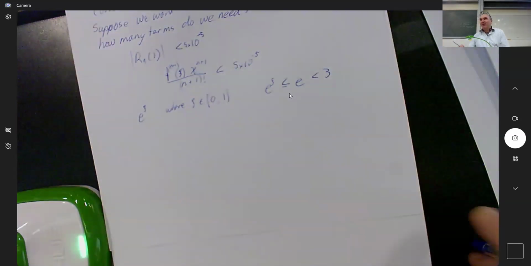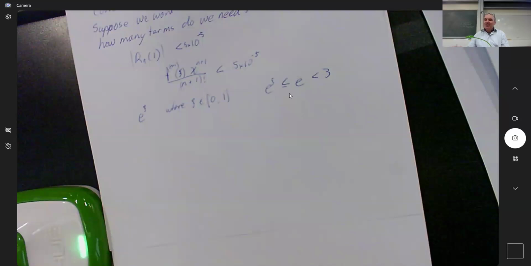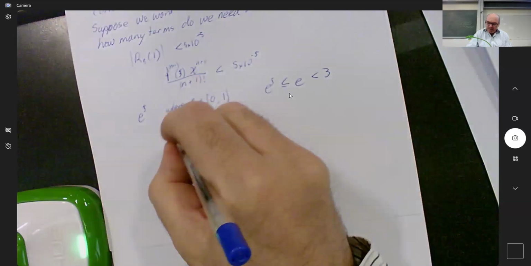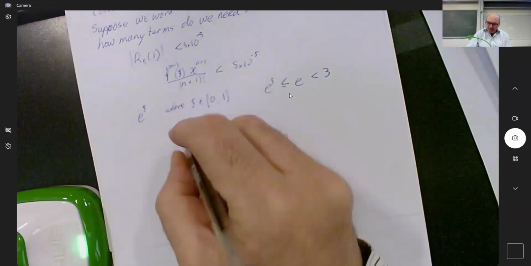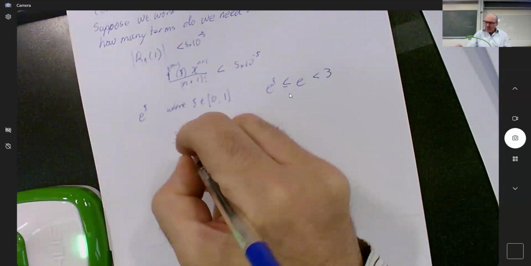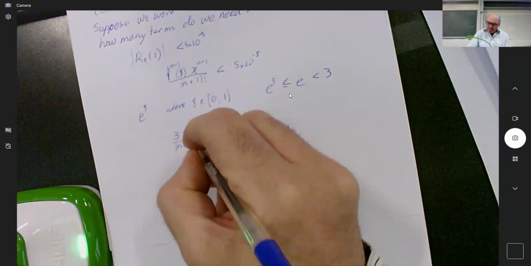I'm just going to say it for the purposes of this particular discussion. So you are using a bound, and we are creating a bound to help us work this thing out. And so it can be good to say, hey, I'm just going to use that number. And so this equation is going to become 3 times x to the n plus 1 on n plus 1 factorial. We're using x is equal to 1.